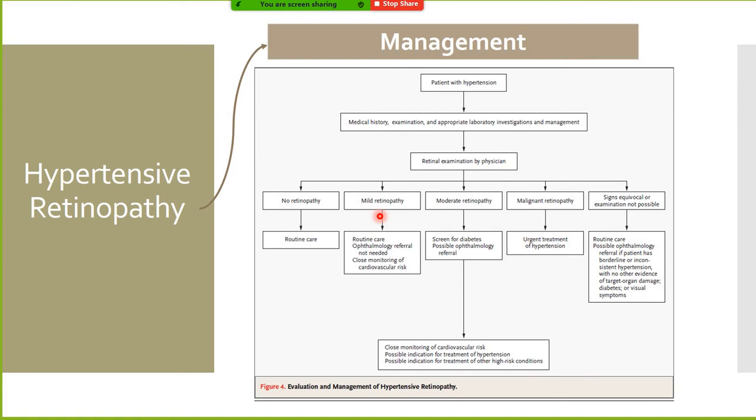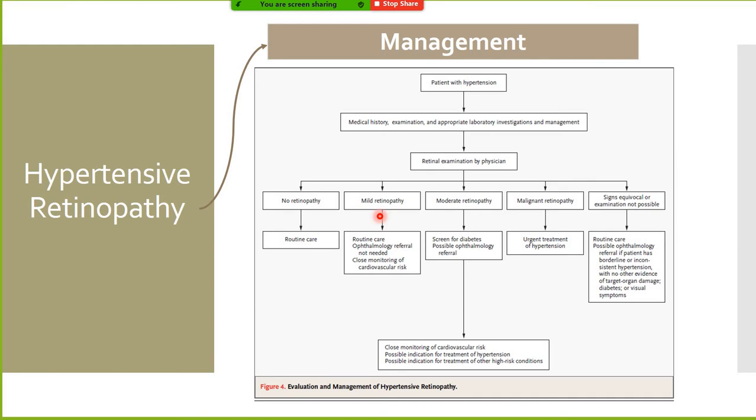And then for management, if there is a patient with hypertension, make sure you take a complete medical history, do an examination and appropriate laboratory investigation, and there should be a complete retinal examination by eye care practitioners.